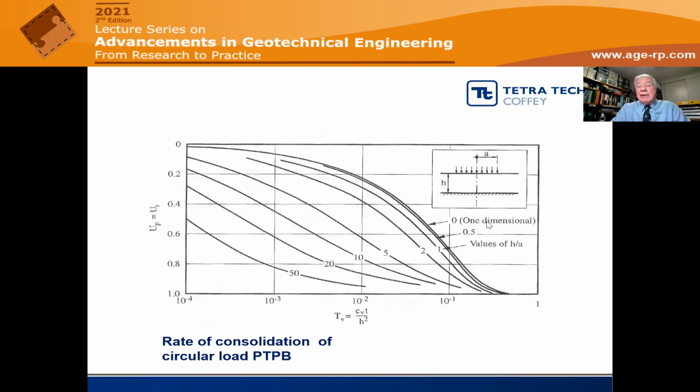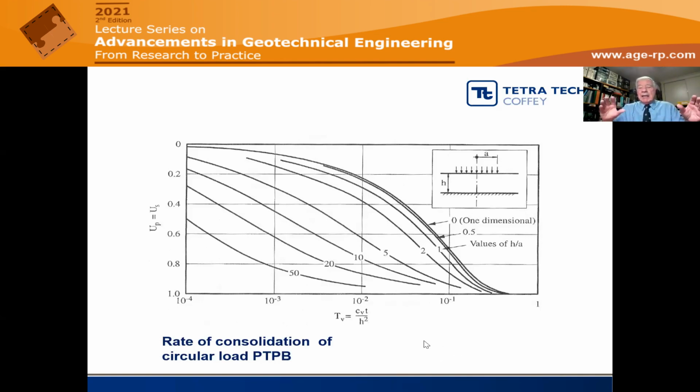Now, if you have a soil layer that is relatively deep, then the time taken to reach a particular degree of consolidation can be far, far less. So even if you've got a layer whose thickness is 5 times the radius, then the soil in this case consolidates maybe 10 times more rapidly.